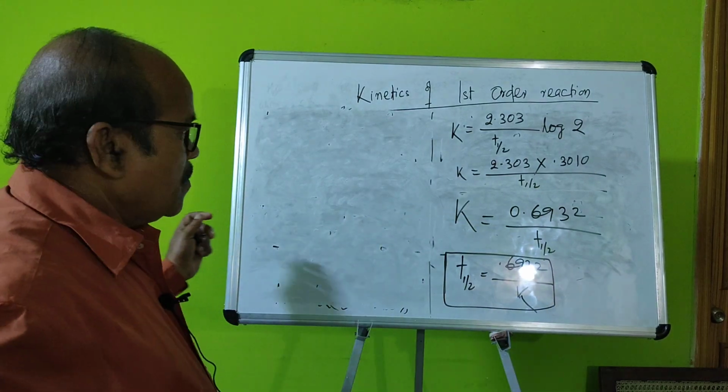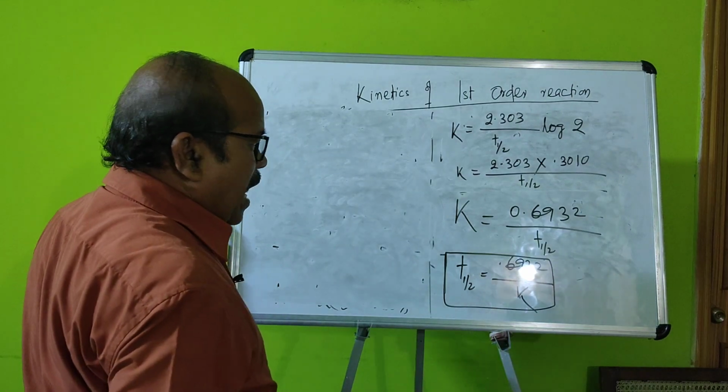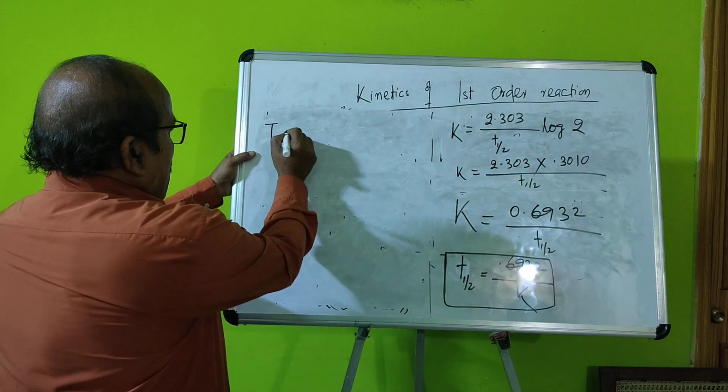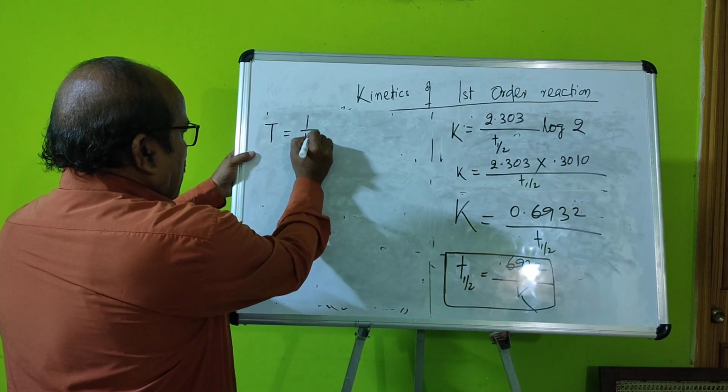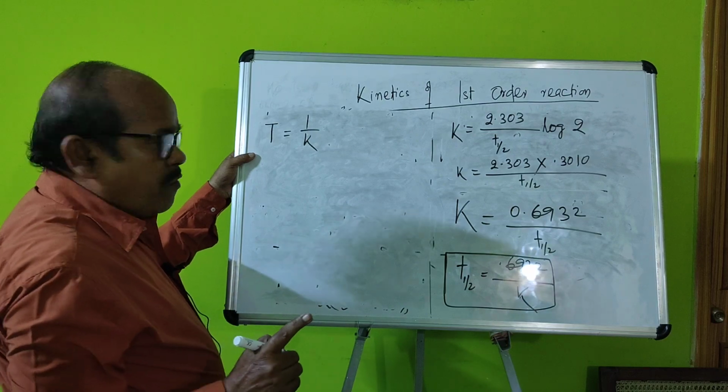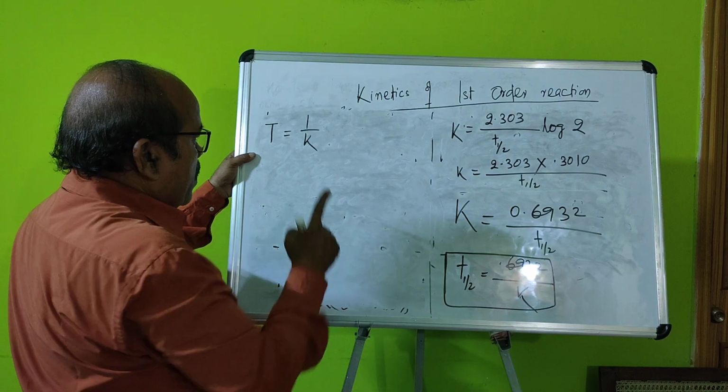Another term I want to use, life period, which is symbolically represented by t, and that is equal to 1 by k. Life period is the reciprocal of rate constant.